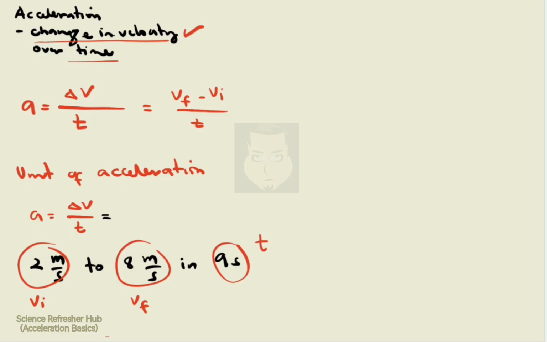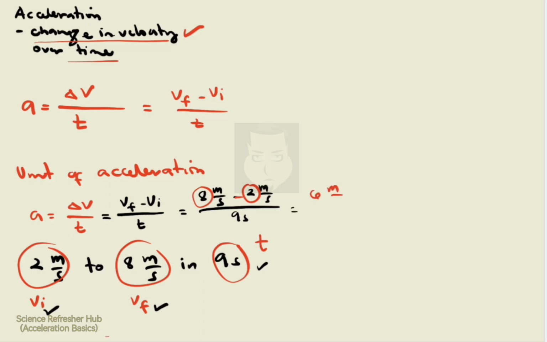So it's the change in velocity, final minus initial, over time. What's our final velocity? It's 8, so we will place it here. 8 meter per second minus initial, 2 meter per second, all over time, 9 seconds. 8 minus 2, so you have 6 meter per second divided by 9 seconds.